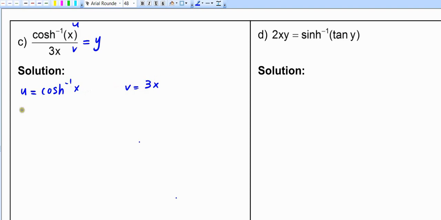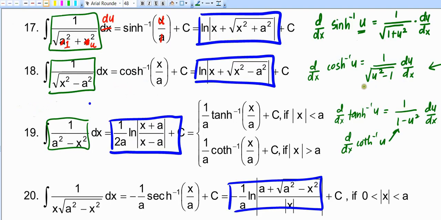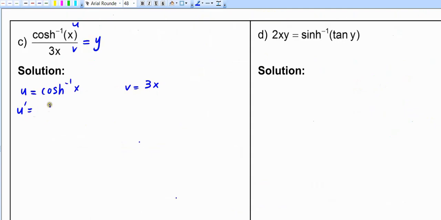Now we need to differentiate u. To differentiate inverse hyperbolic cos, look at your appendix. The answer is 1 over square root of u squared minus 1, times du over dx.